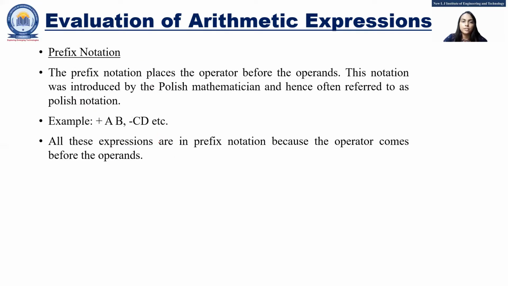Next is prefix notation. Here we have operands and the operator is placed before them. The word pre means before. This notation was introduced by a Polish mathematician and hence it is also known as Polish notation. Generally in textbooks you will find this notation named as Polish notation.